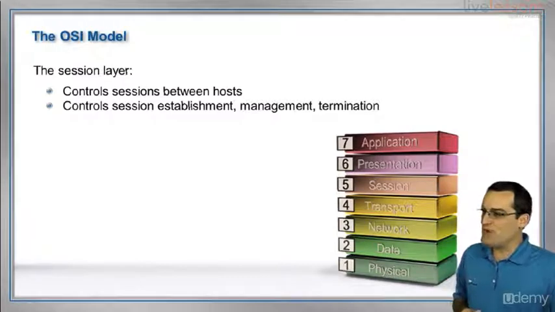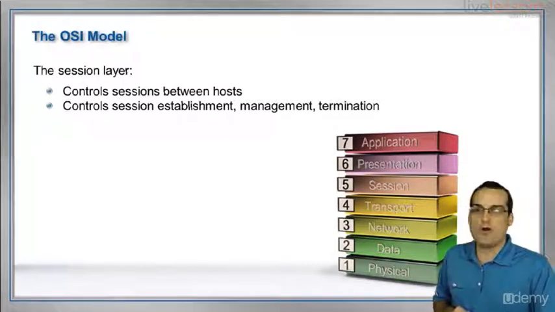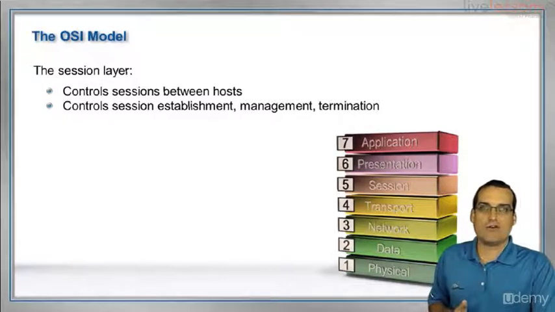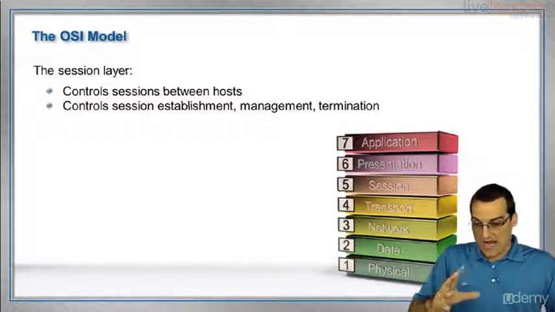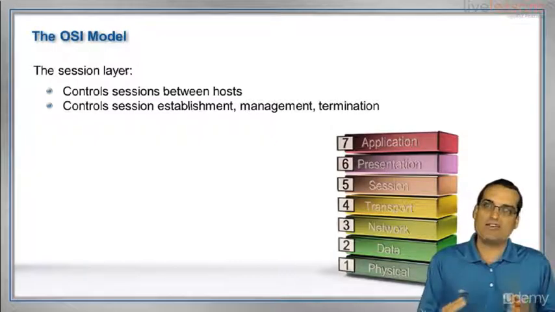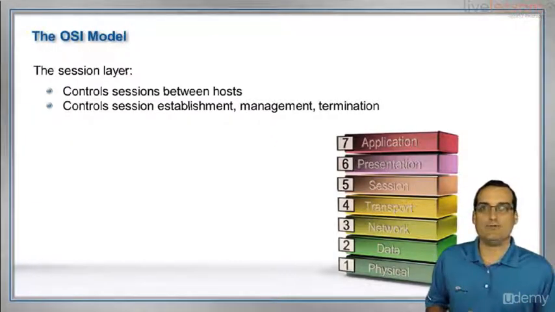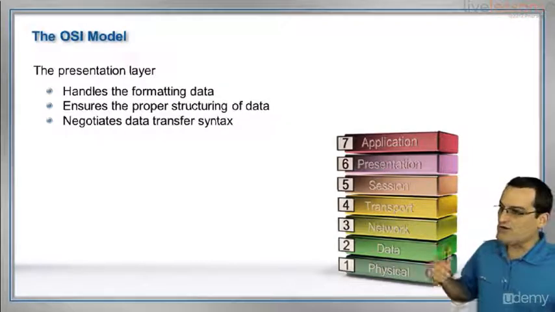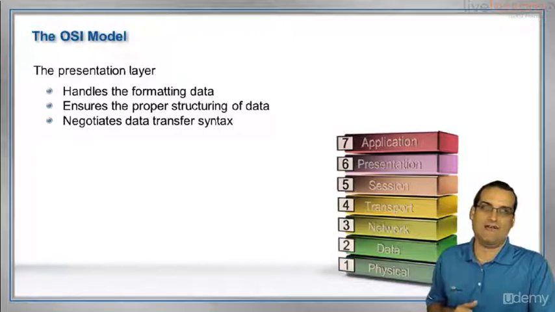As we move up the OSI model, we are at the session layer now, and sure enough, the session layer is going to handle managing the actual establishment and then the ongoing management and the termination of particular sessions that are set up between network applications, for example. The next layer, the presentation layer, deals with the formatting of data.